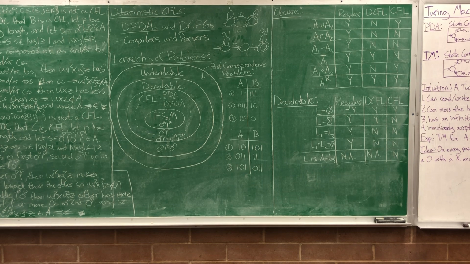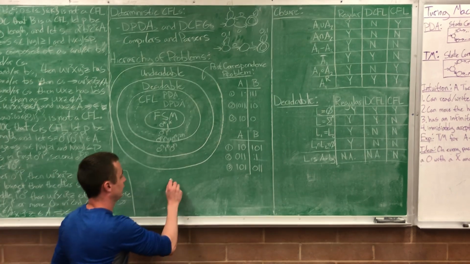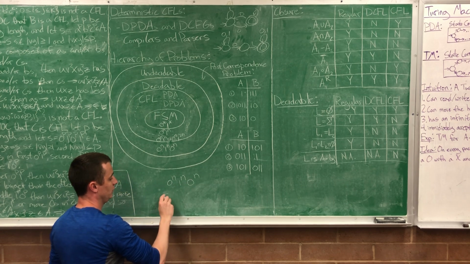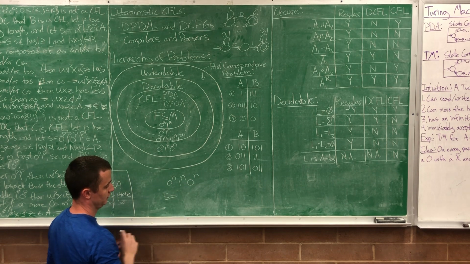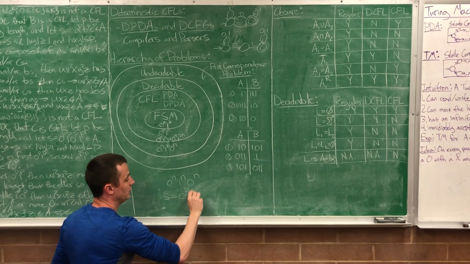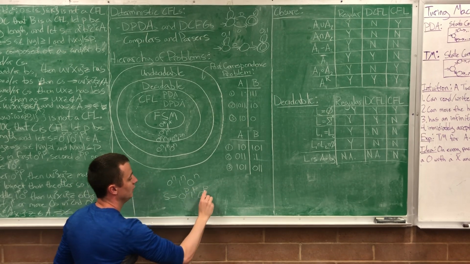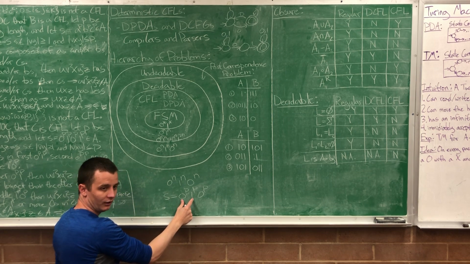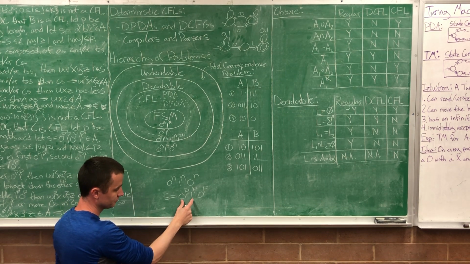Yeah, but it's done almost identical to the ABC one. Let me give you just the intuition for it really quick. 0 to the n, 1 to the n, 0 to the n. What's the S that we're going to use? 0 to the P, 1 to the P, 0 to the P, 1 to the P, 0 to the P. Perfect. And so your middle part has to be contained completely in these two letters.